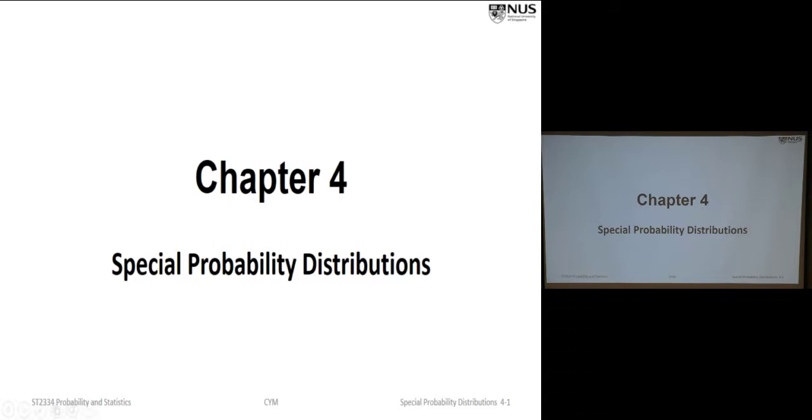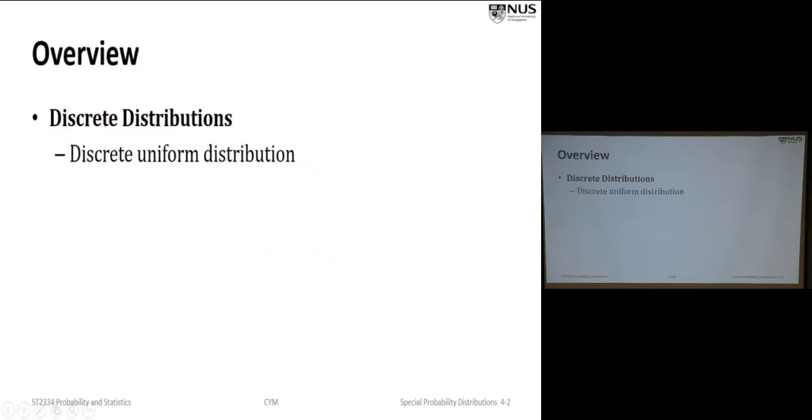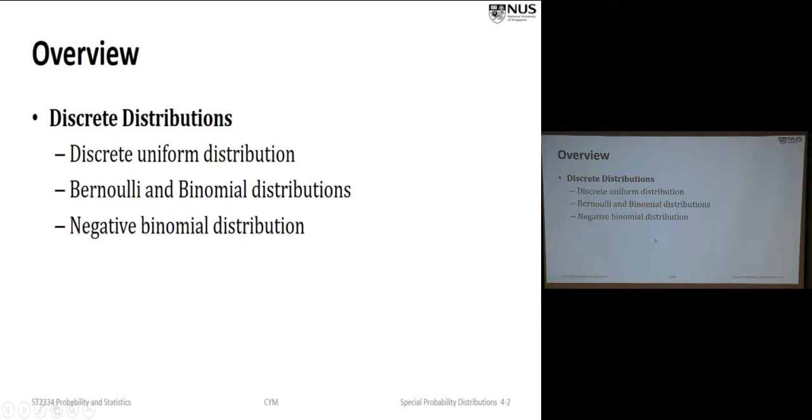To begin with, these are the distributions that we are going to talk about. First, the family of discrete distributions: the discrete uniform distribution, the Bernoulli distribution, the binomial distribution, and the negative binomial distribution.